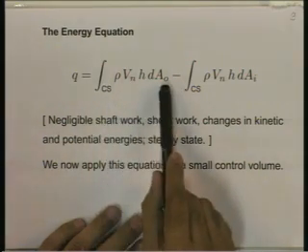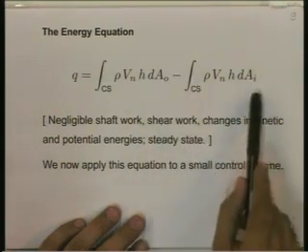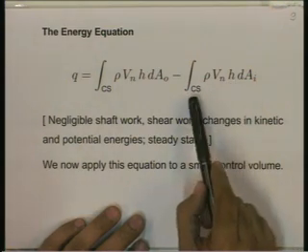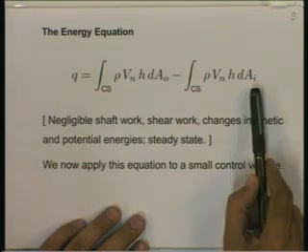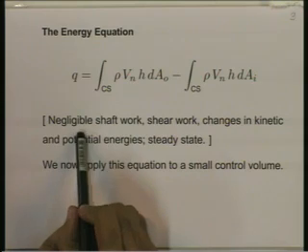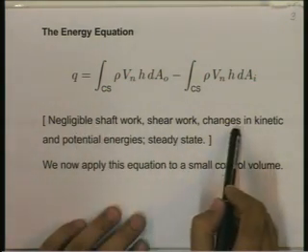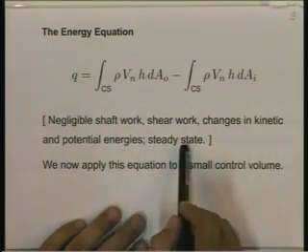We have denoted it with this subscript O, and this is the inflow of enthalpy over the part of the control surface where the fluid is coming in, as denoted by the subscript I. And notice the assumptions: negligible shaft work, negligible shear work, negligible changes in kinetic and potential energy, and also steady state.